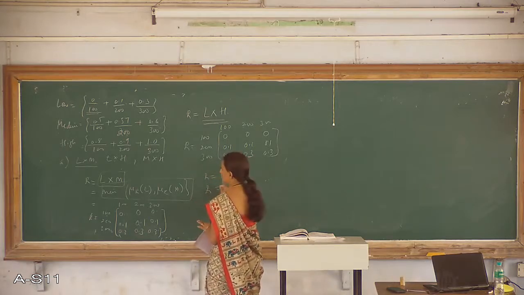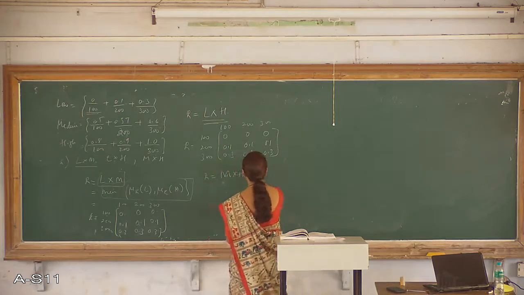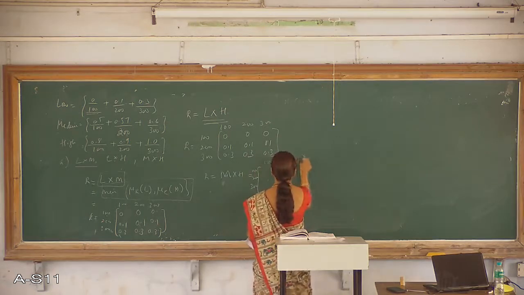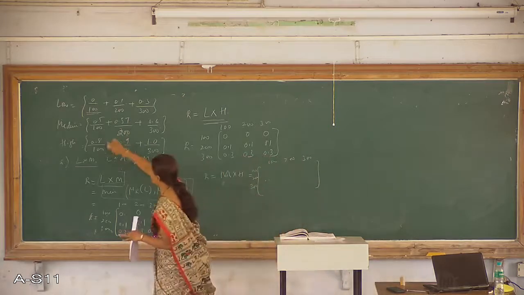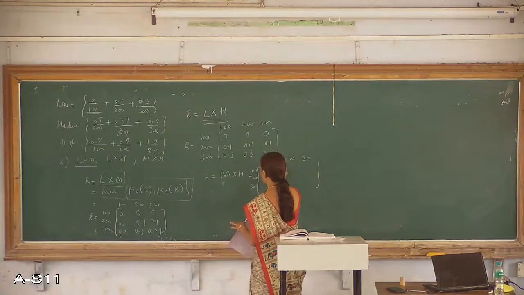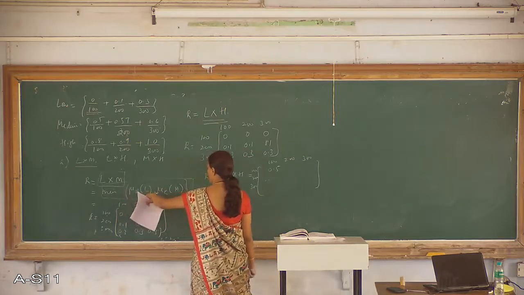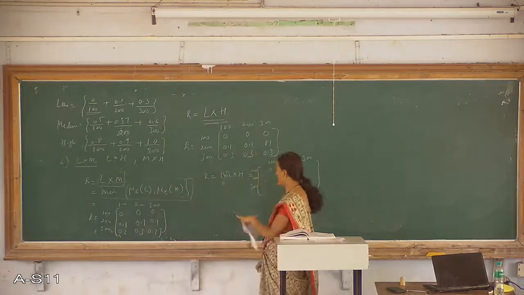On similar lines, I can have R with respect to medium cross high. This matrix again has 100, 200 and 300, 100, 200 and 300. As per the formula, it is the minimum of the membership function with respect to medium and the membership function with respect to high.